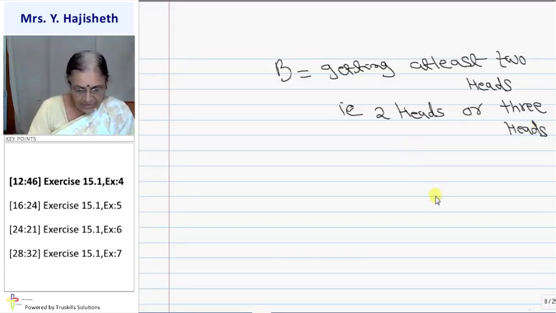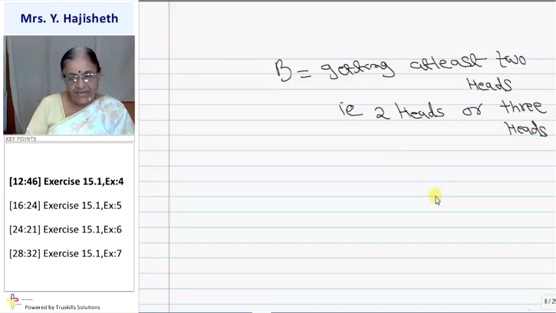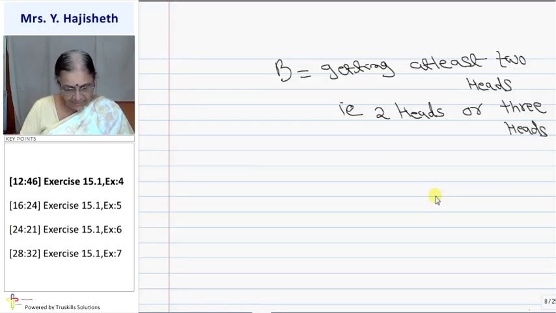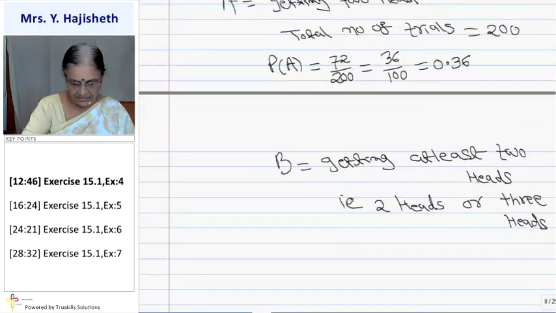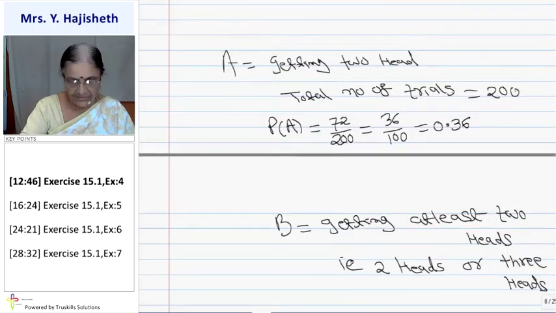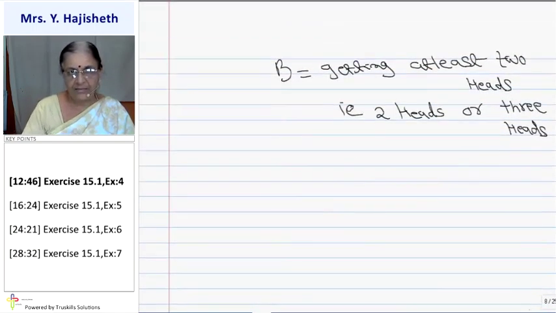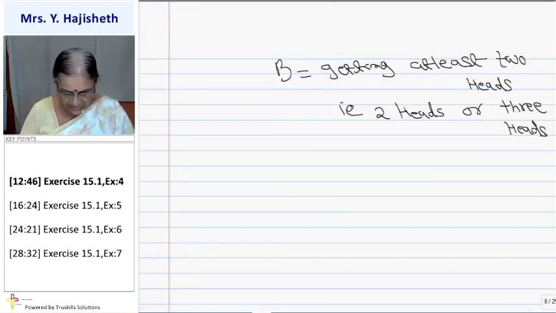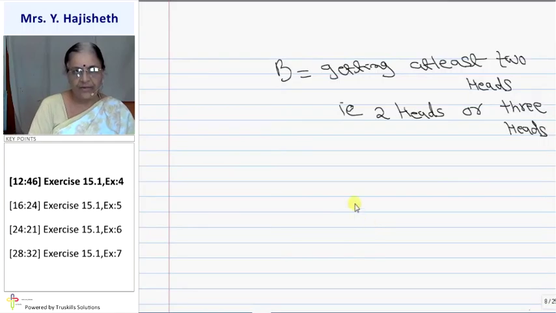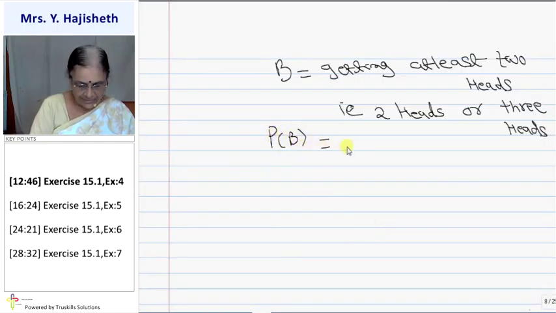So you have to find P(B), so how will you find P(B)? P(B) is, what will you do for P(B)? 72 by 200 is for 2 heads. Now at least 2 heads, so 2 heads are 72 and 3 heads are 23. So P(B) will be 72 plus 23 upon 200.